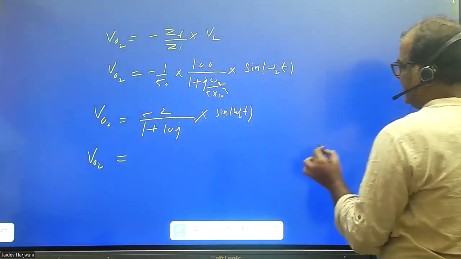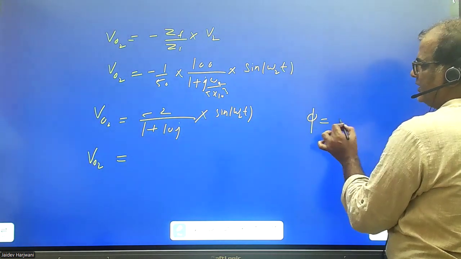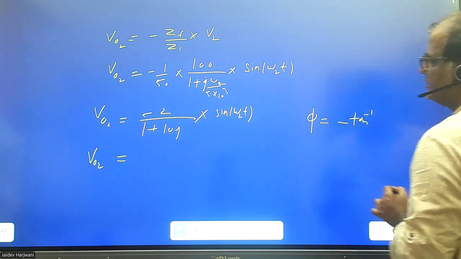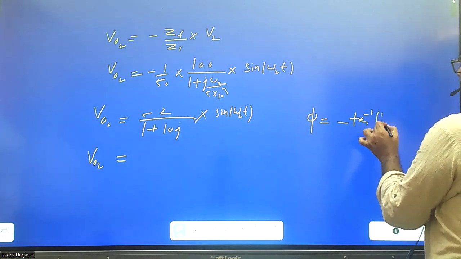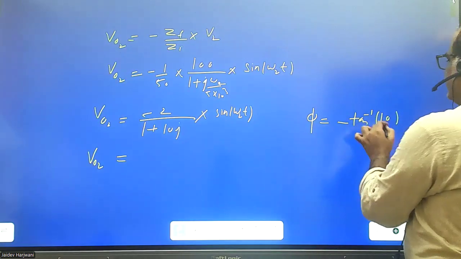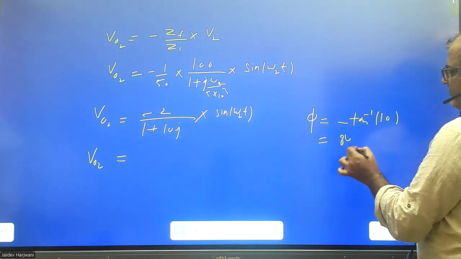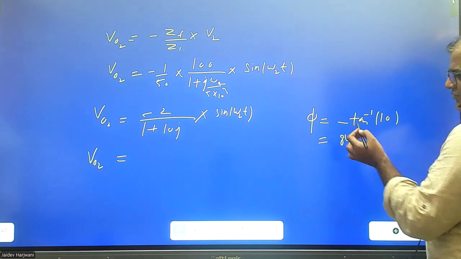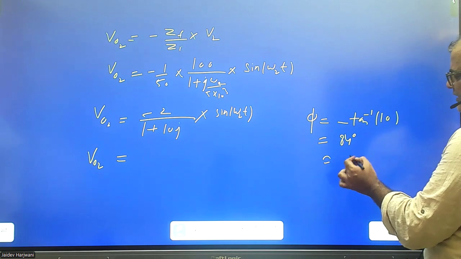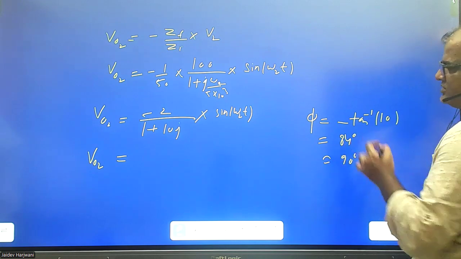So the phase of this number will be minus again tan inverse 10 by 1, tan inverse 10. So tan inverse 10 is around 84 degrees, around 84 point something degrees. Okay, so I can take it close to 90 degrees. I can take it as a 90-degree phase change.